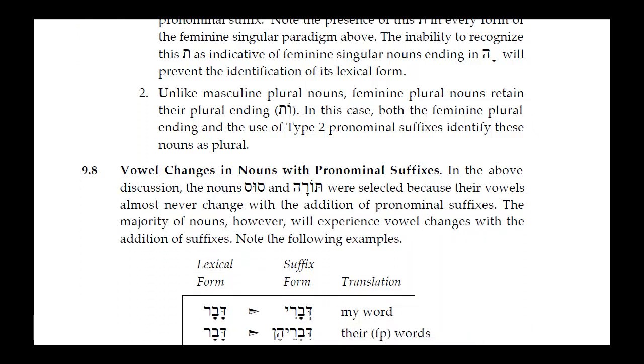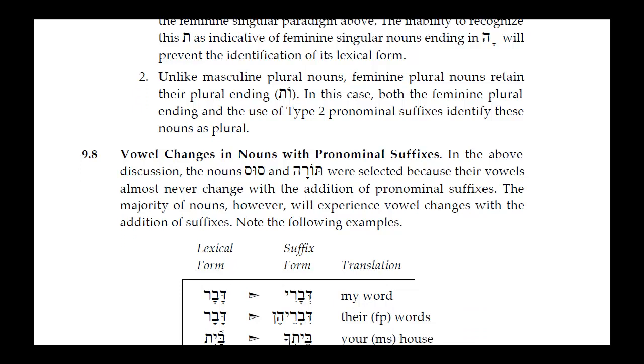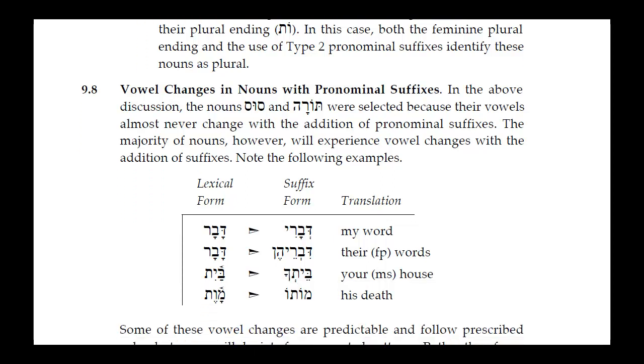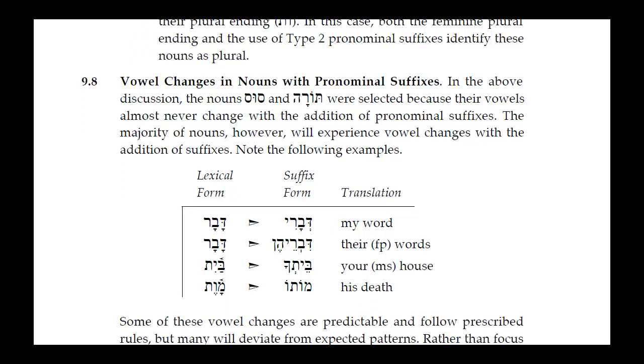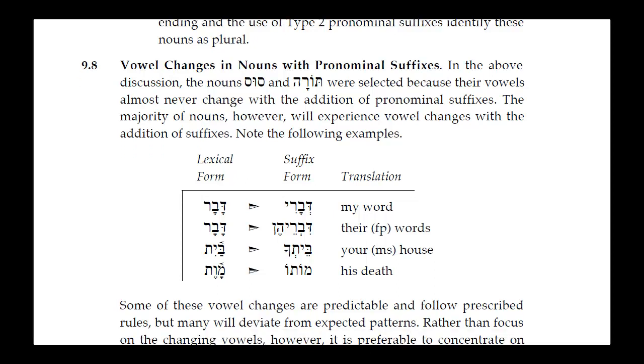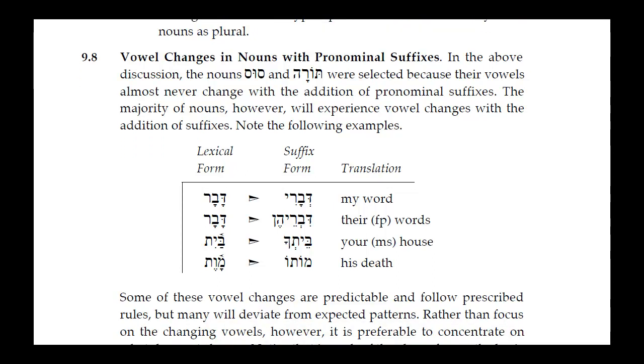Okay, so let's go ahead and look at some vowel changes in nouns with pronominal suffixes. Remember, back in the lesson when we started nouns, we went through vowel reductions and showed how vowels would reduce, and you learned what a tonic syllable was, what a pretonic syllable, and what a propretonic syllable was.